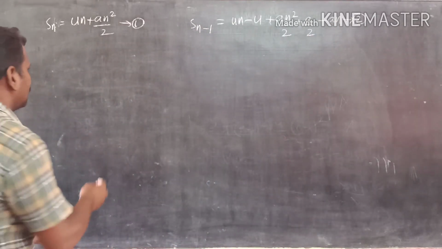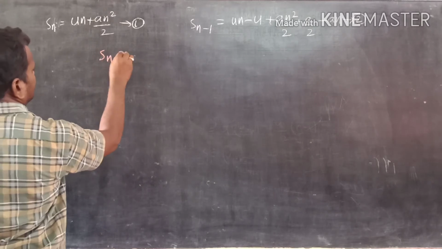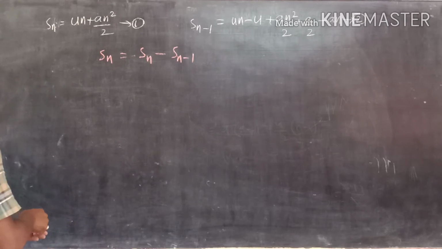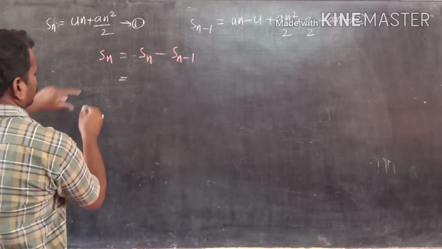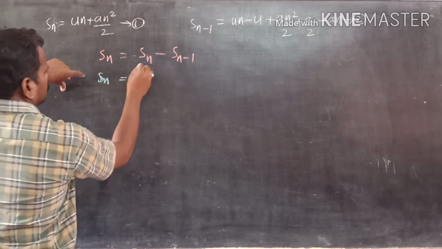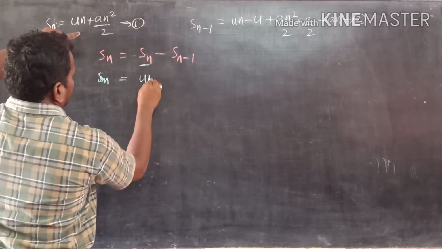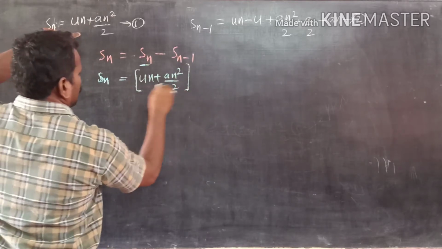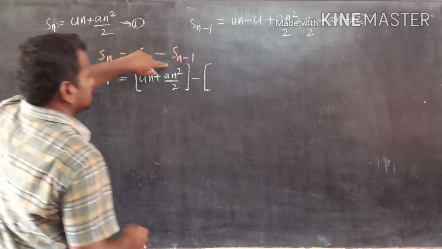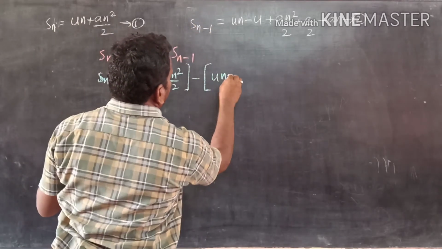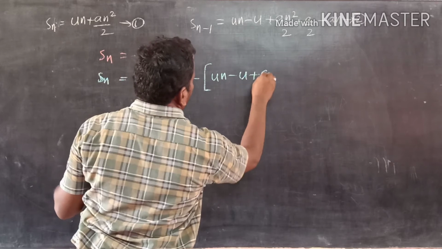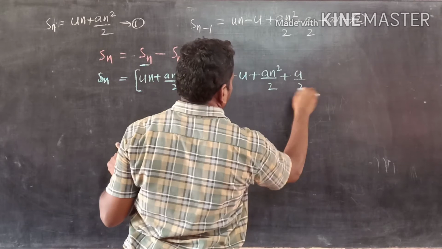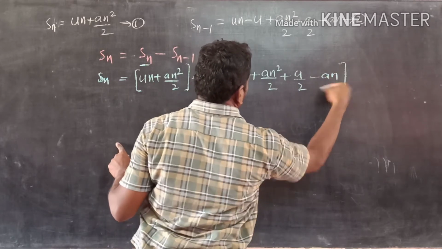What is the fundamental equation? That is Sn is equal to Sn minus Sn minus 1. Now, if you observe, what is the value of Sn? un plus an square by 2, minus the Sn minus 1 value, un minus u plus an square by 2 plus a by 2 minus an.